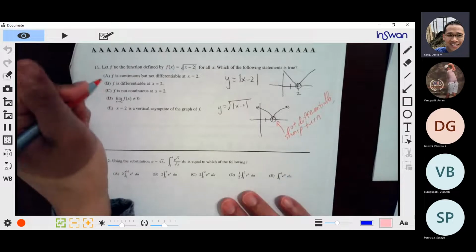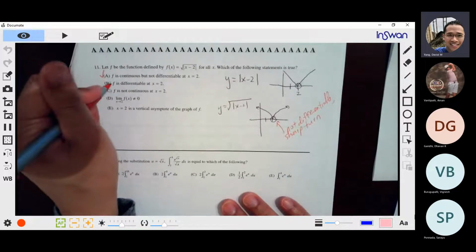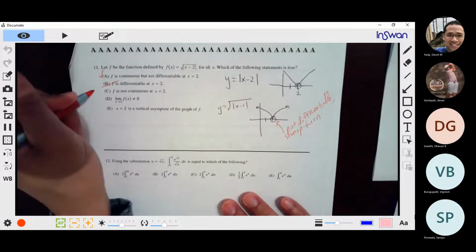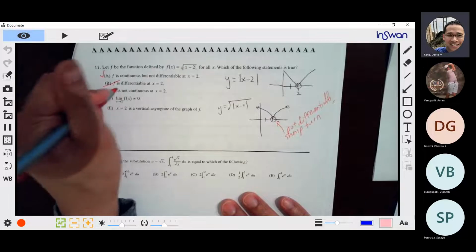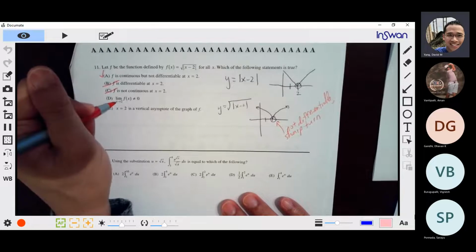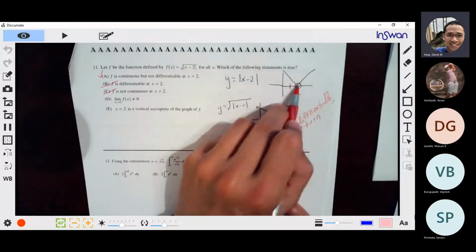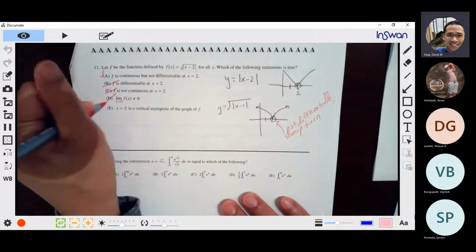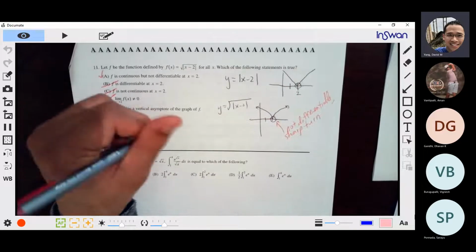So continuous but not differentiable at 2, that makes sense. It is not differentiable. All right, and it is continuous. The limit does equal 0 because the graph does connect to 0 from both sides. And x equals 2 is a vertical asymptote.